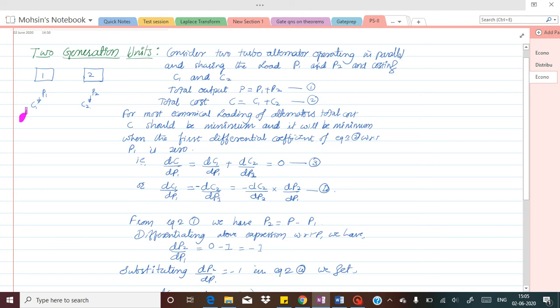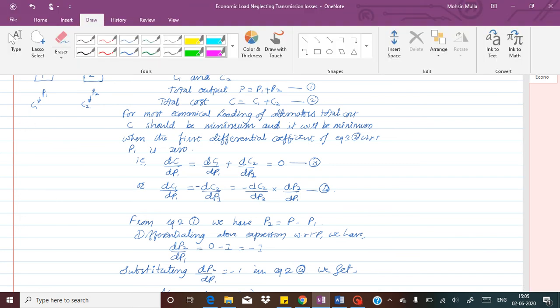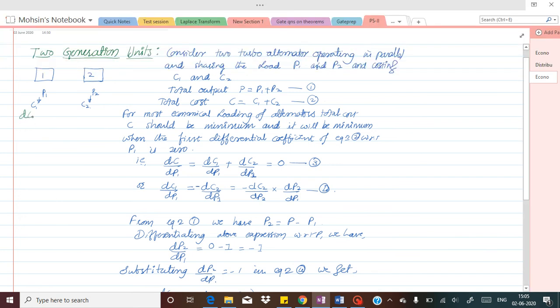The incremental cost will be dC1 by dP1 for unit 1, and the incremental cost will be dC2 by dP2 for unit 2. Keeping that in mind, we had obtained that the total power required is P1 plus P2, and the total cost is C1 plus C2.